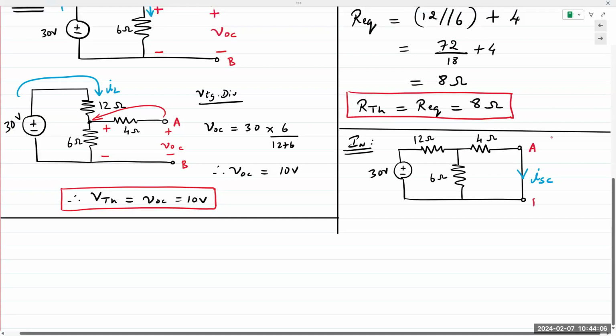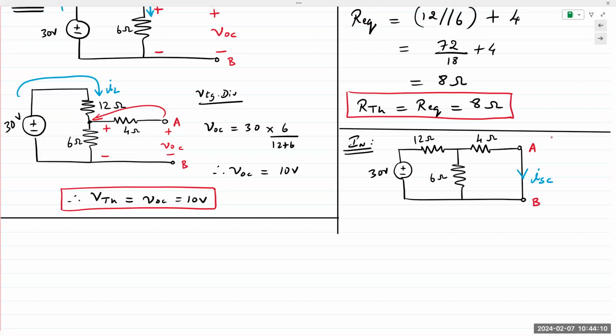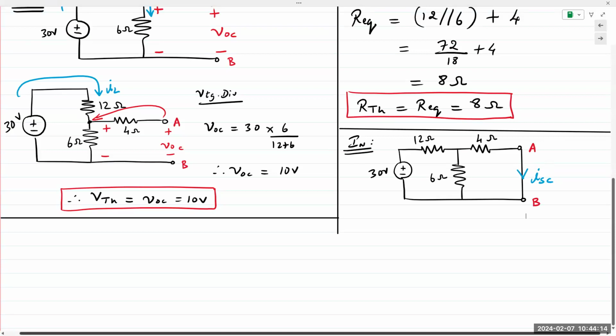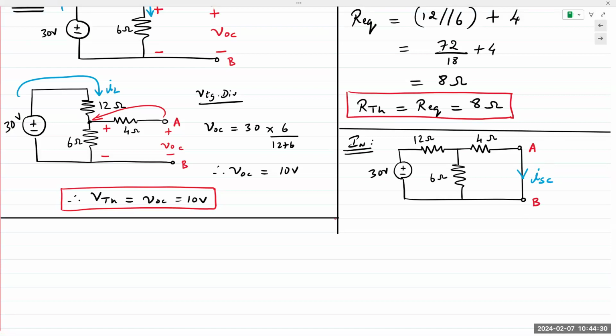We have A and we have B. Everybody understands setting up of the circuit? So now our job is to calculate ISC.